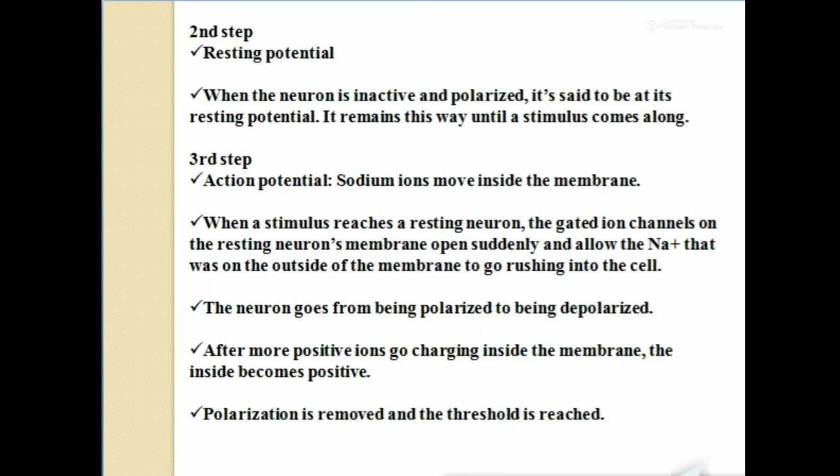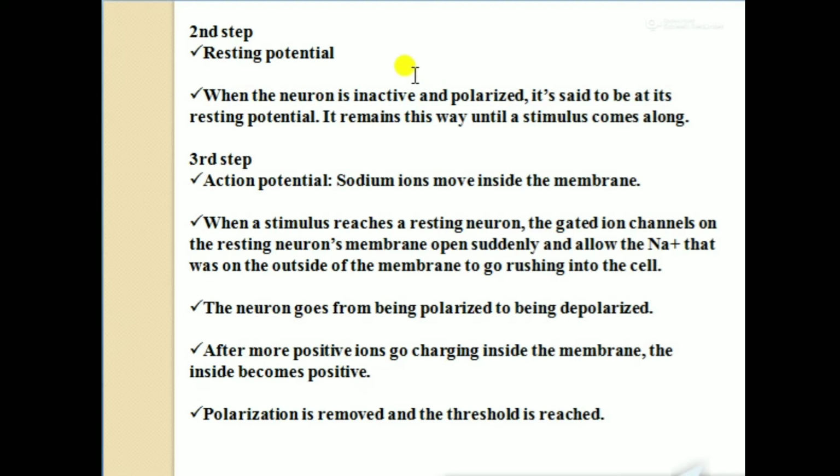Let me change the slide. What is the third step? When there is information and neurons need to carry that information, what will they do? They change the configuration of the cell membrane channels.